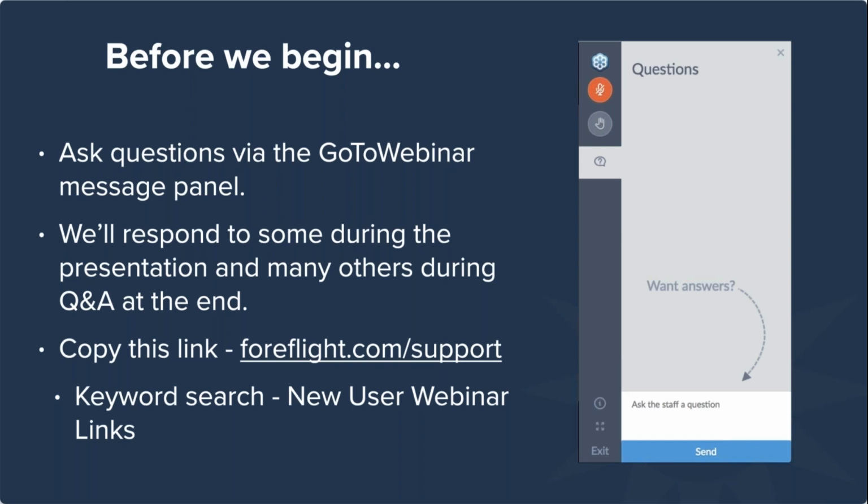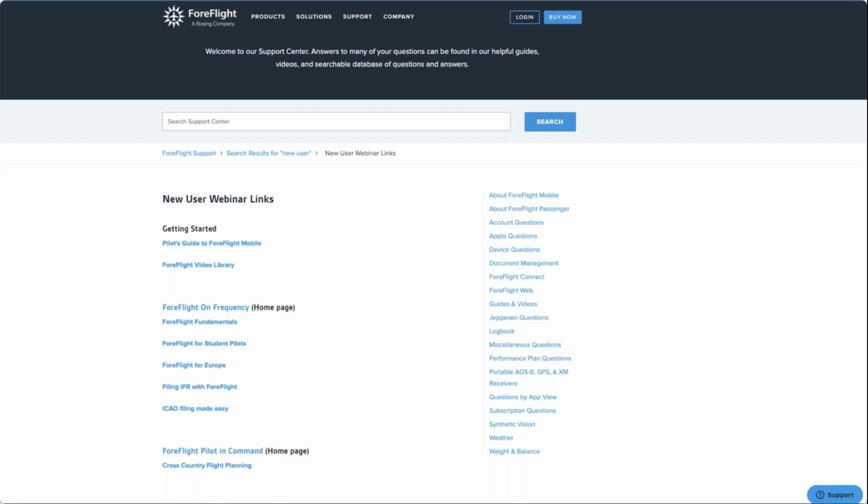And if you do a keyword search in the ForeFlight support page for new user webinar, you will see the links to a lot of the webinars and a lot of the pages that we're going to refer to. And it's going to look a little bit like that. So anything in blue you can click on. So we're going to refer to that, do shameless plugs for some of the webinars that we've created in the recent future. Sorry about that. What tense are you working in? Sorry about that. In the recent past.